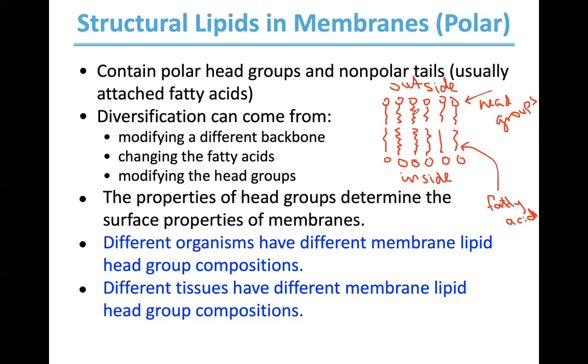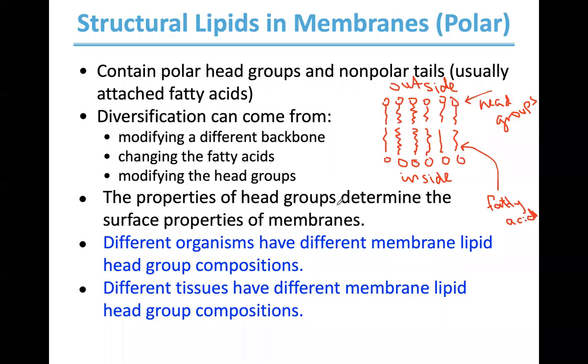So that's why these lipids which compose cell membranes have to be quite diverse. Not just one type of lipid, there are many of them. Diversification comes from modifying different backbones. We'll talk about how the different fatty acids can change, and we can also modify the head groups.